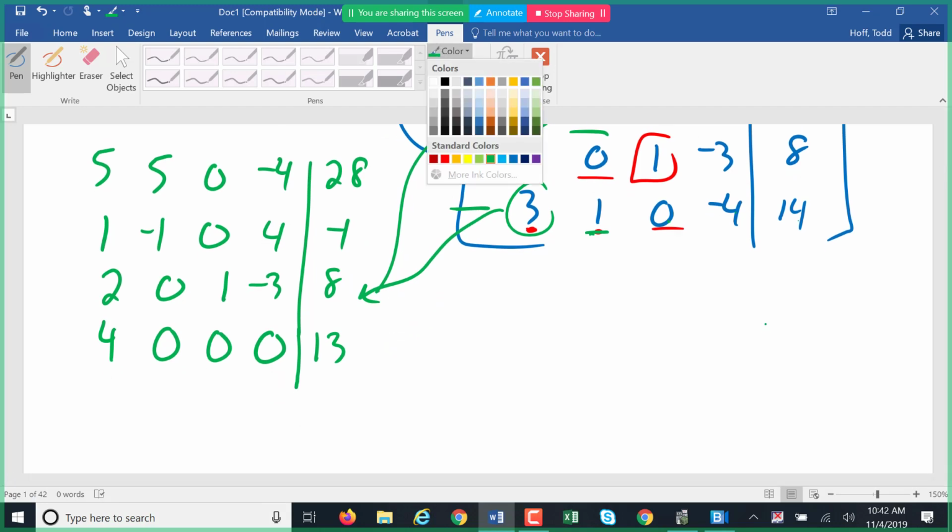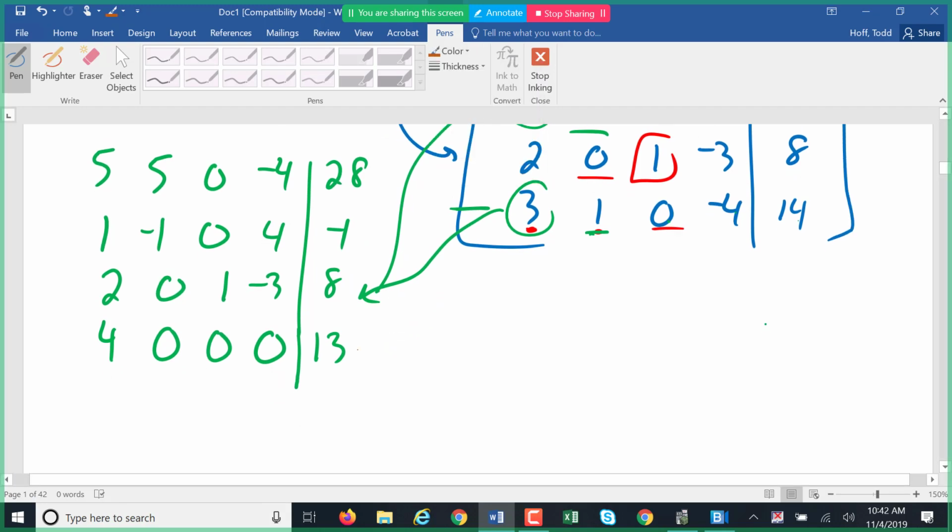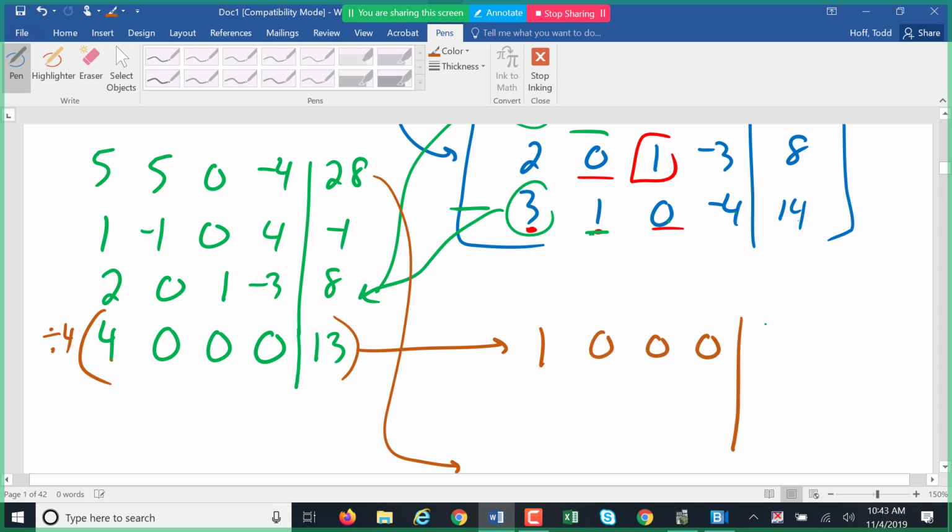I'm going to exchange rows again. I'm going to put this row on top, and we'll put the top row on bottom. And in the process of doing that, I'm going to divide this row by 4. So that gives me 1, 0, 0, 0, 3 and a fourth.